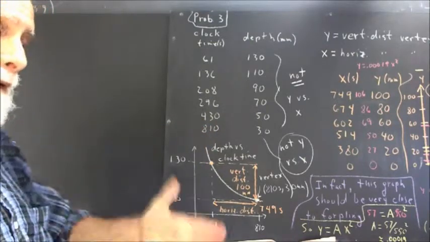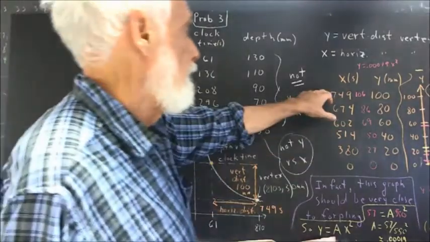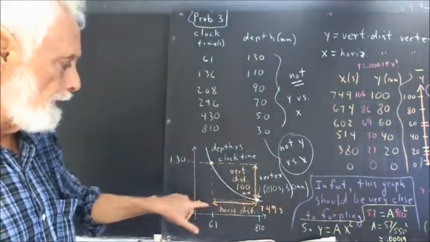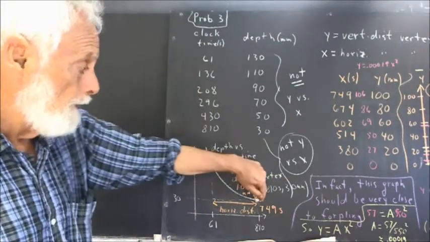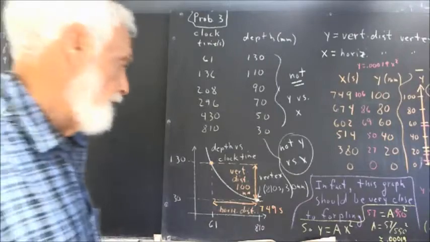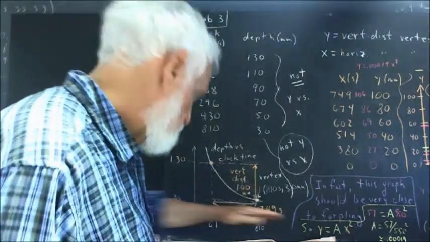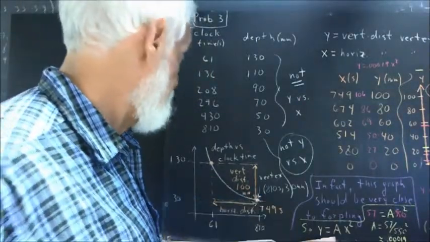Well, actually, the answer is fairly simple. Our x values were obtained, remember, by calculating the horizontal distance between a data point and the vertex, the vertex having clock time coordinate 810 seconds.